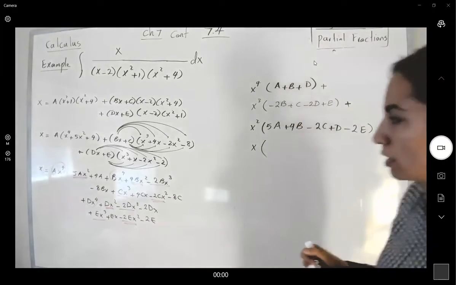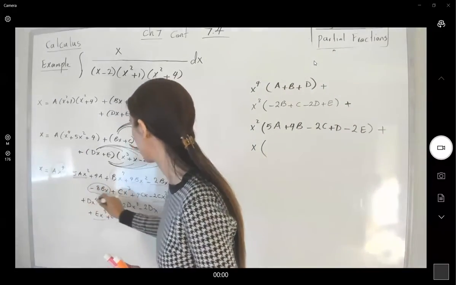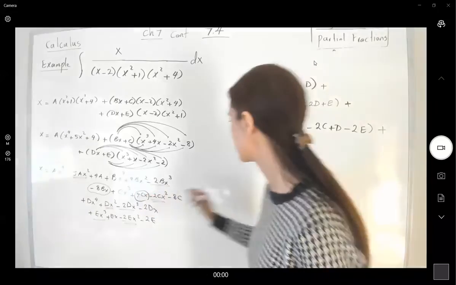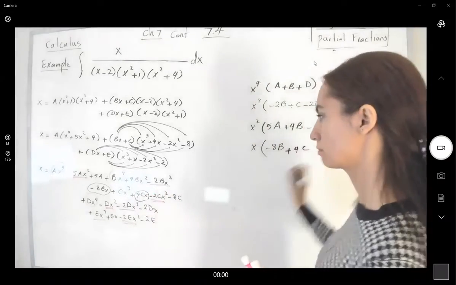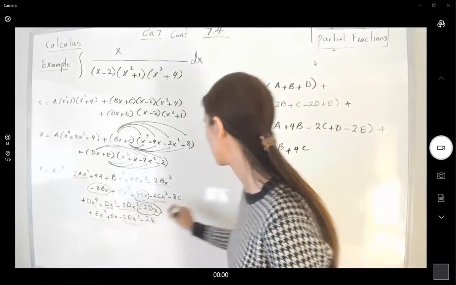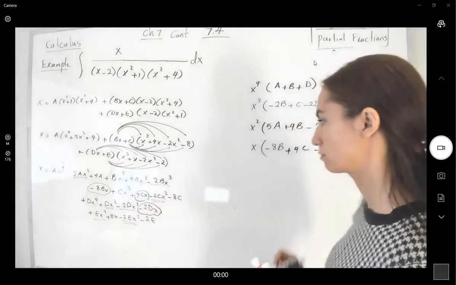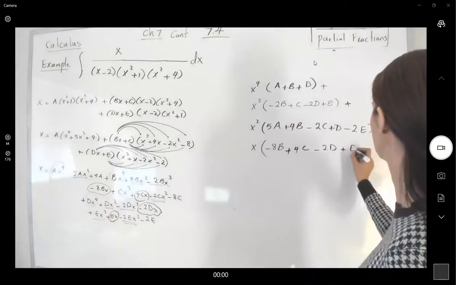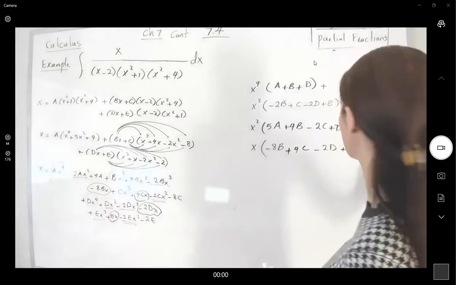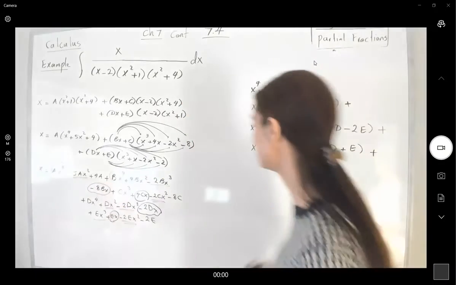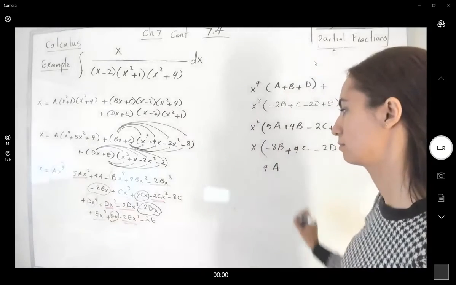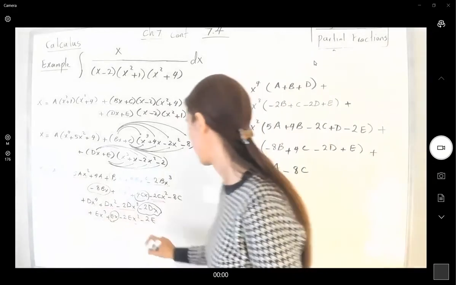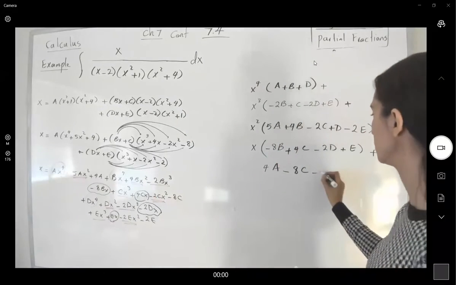Very well, for x, we have negative 8b, 4c, minus 2d and e. Finally, the constants 4a minus 8c and minus 2e.